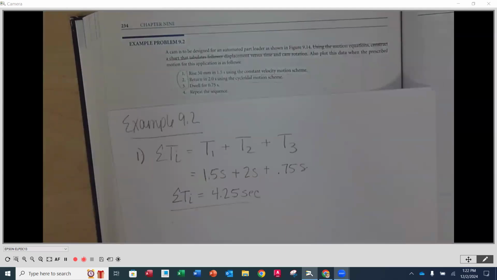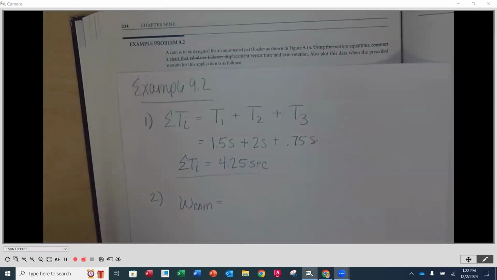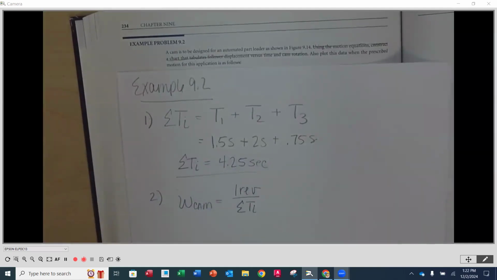So step number 2 here is going to be determining what is the rotational speed of the cam. Okay. So that means that that's omega of our cam, right? And that's going to be 1 revolution divided by the total time to accomplish the three steps of our motion. Okay.